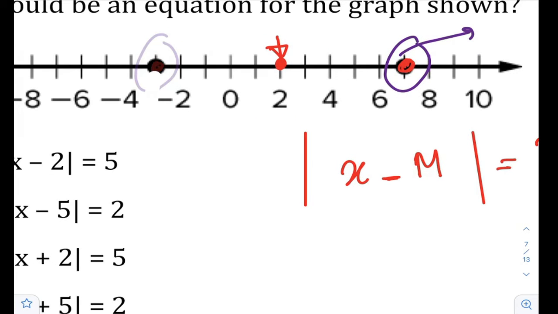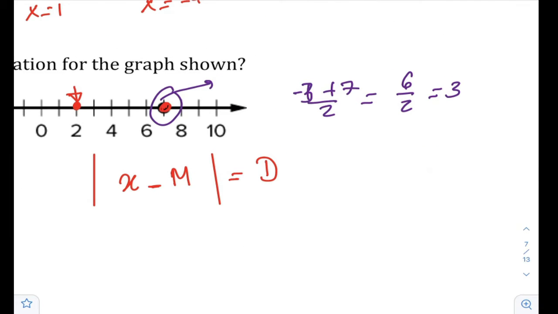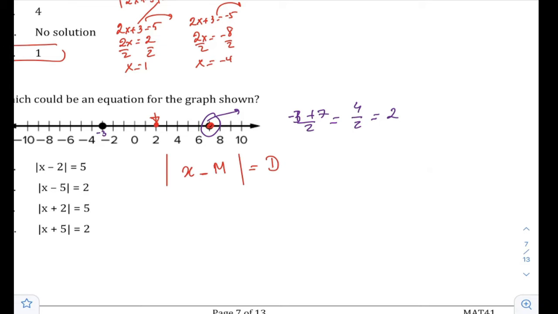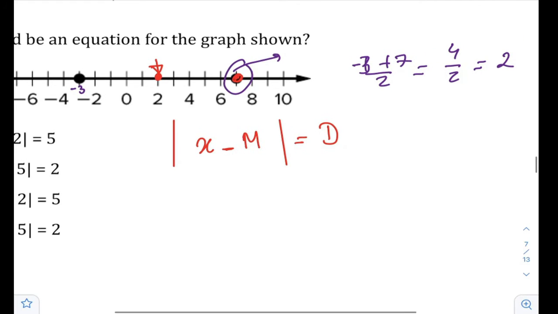This is -3. So be careful. This is -3, not -1. So this is -3, and this will be 4. 4 divided by 2 is 2. I'm trying to make some mistakes with you so that I feel that you are following carefully. Of course, we are expecting that it's 2, so we know that there is something wrong. And the midpoint can be found by adding the endpoints and dividing by 2.